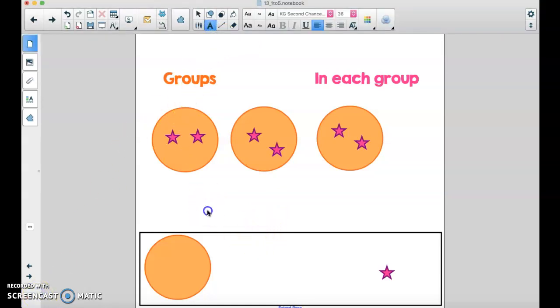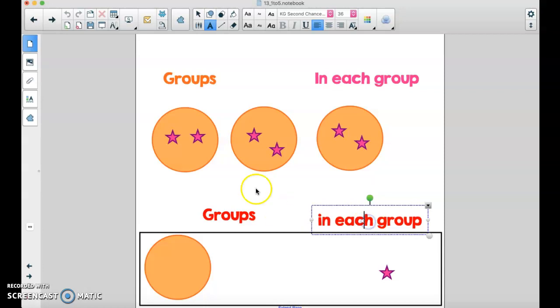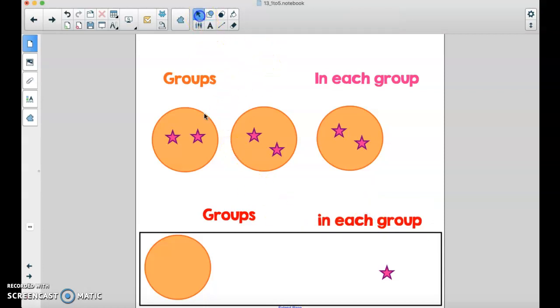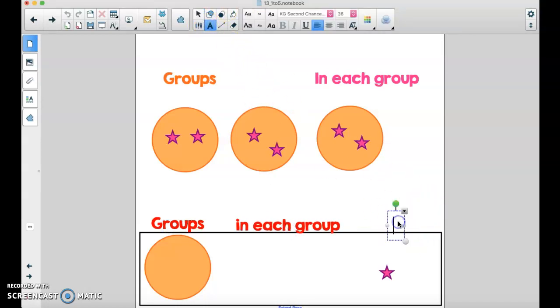When I write my multiplication sentence, I like to think of groups first, and then in each group is the next one. And then your end would be your total. So I have groups, in each group, and then I'm going to write total over here. You don't have to write this. I just want you to follow along. So it's just like what we've always done, guys.